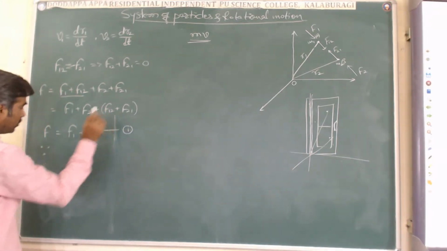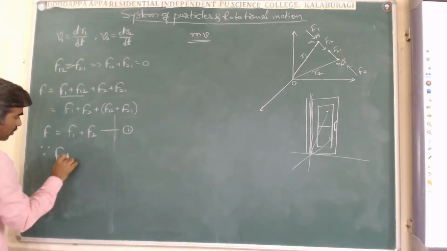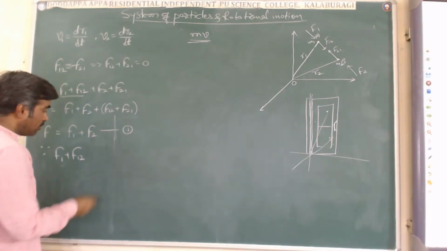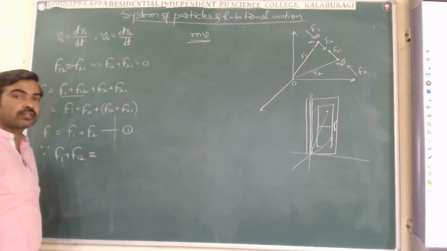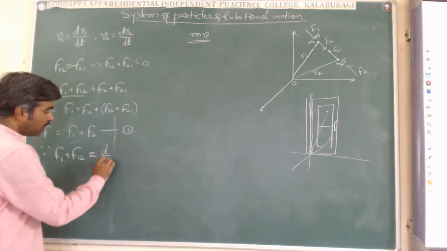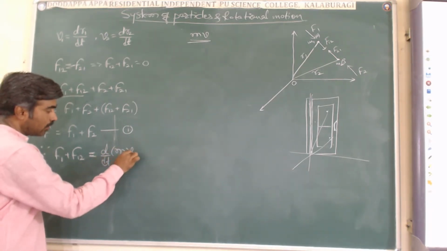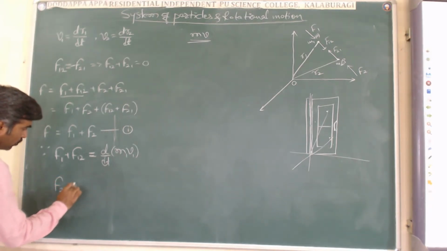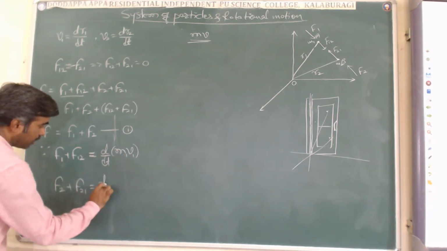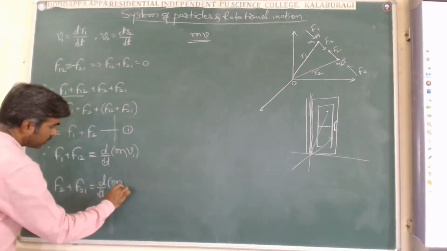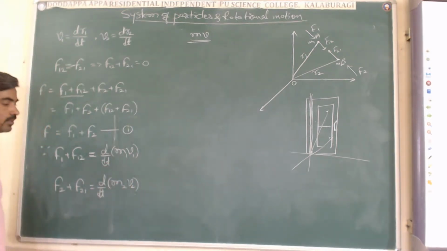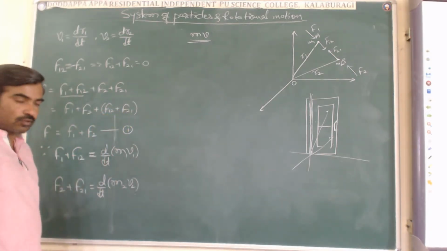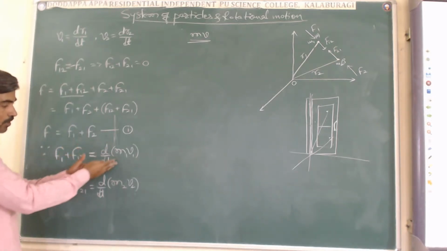Consider this as equation 1. Since external plus internal force on the first particle, according to Newton's second law, can be written as d by dt of m1 v1, similarly F2 plus F21 can be written as d by dt of m2 v2, the mass into velocity of the second particle. Anyhow, F12 plus F21 is equal to 0.